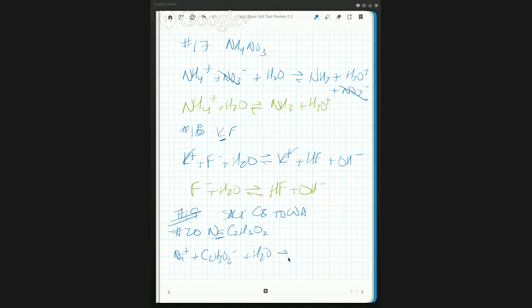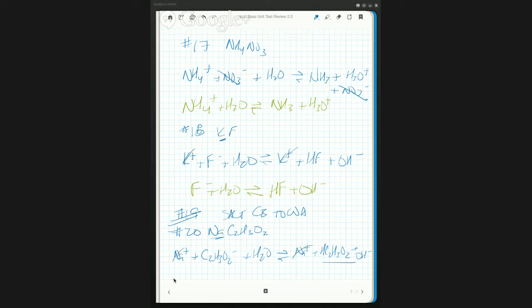So when we do this, we end up with Na plus, HC2H3O2, and we're left with OH minus because it stripped the H off to make the acetic acid molecule. And it's a molecule, so it's not contributing to pH in the molecule form.